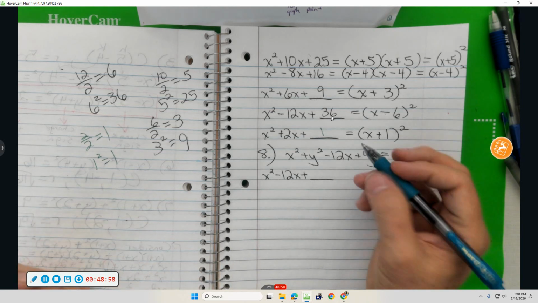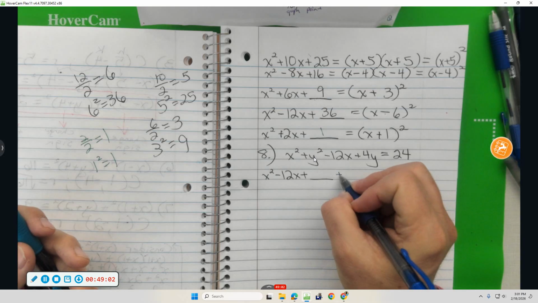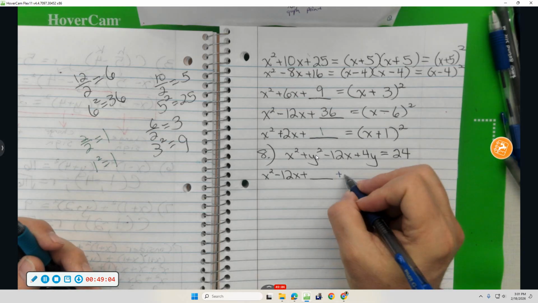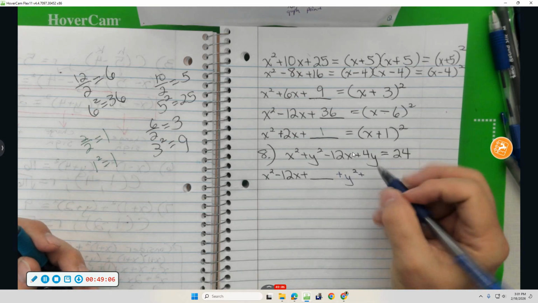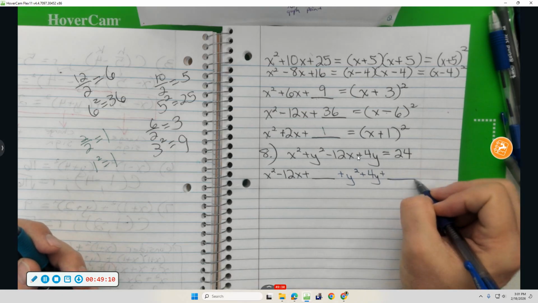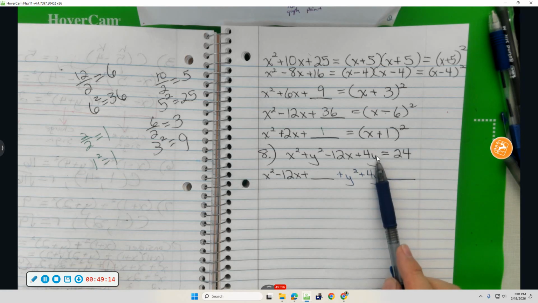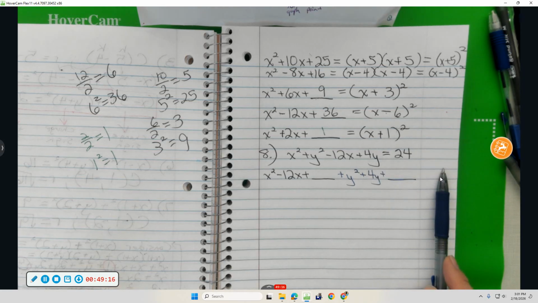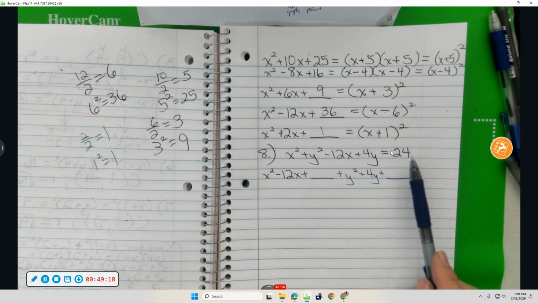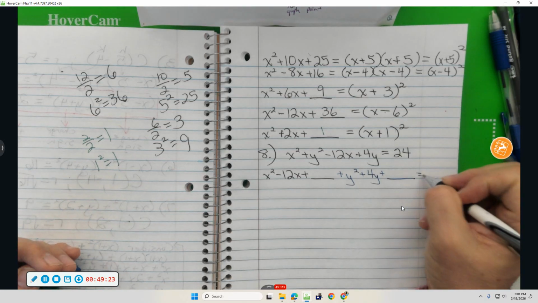Now the y terms. We have y squared plus 4y plus, skip a space. If that 24 had been over on the left, I would have moved it over to the right, okay? But fortunately, they already have it on the right where we want it.